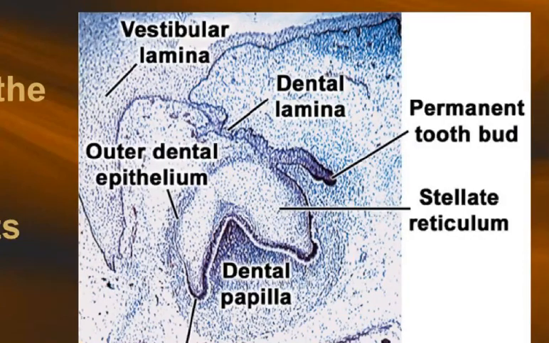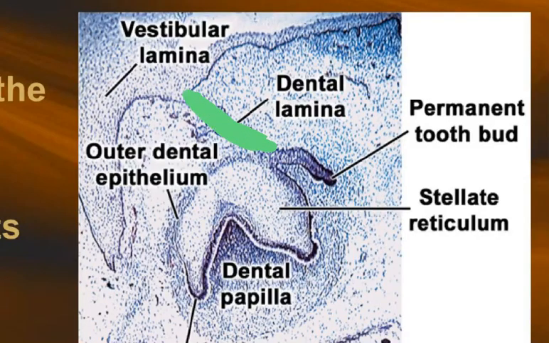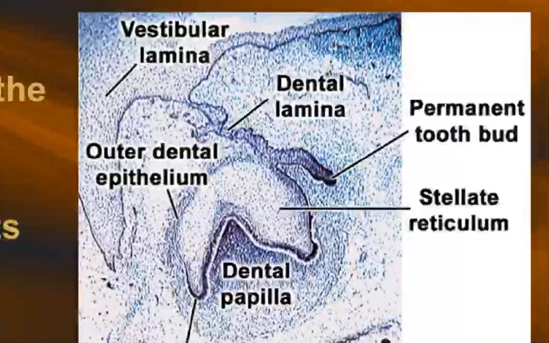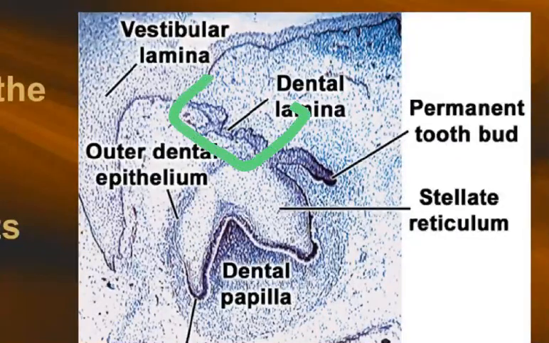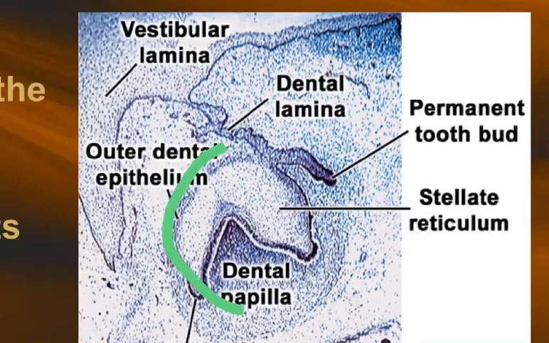This is vestibular lamina toward the face, buccal or labial toward the lip and cheek, and this toward the tongue. Also, we see among these changes the initiation of disintegration of the dental lamina.